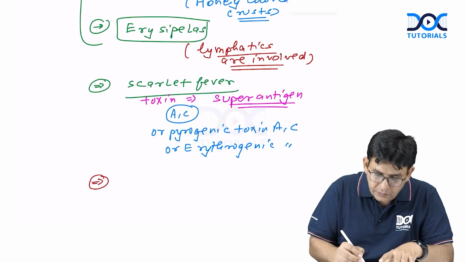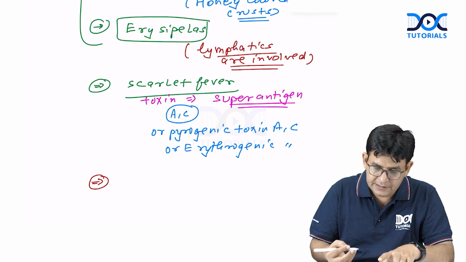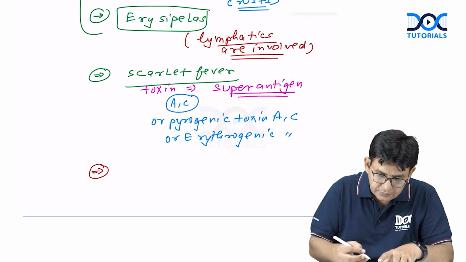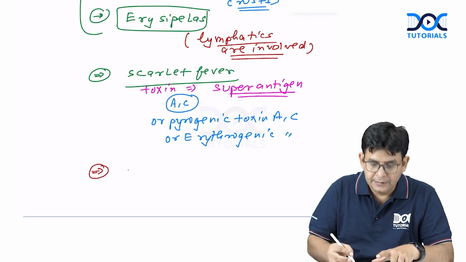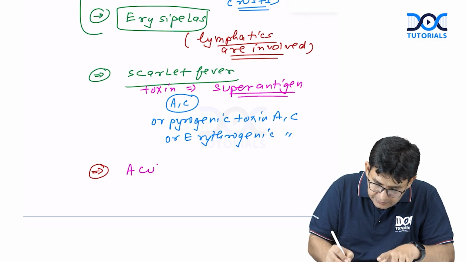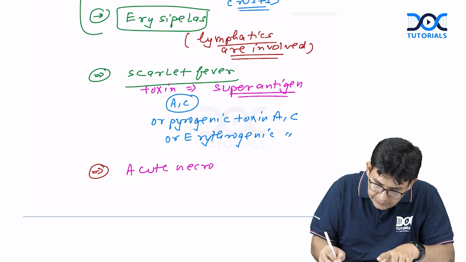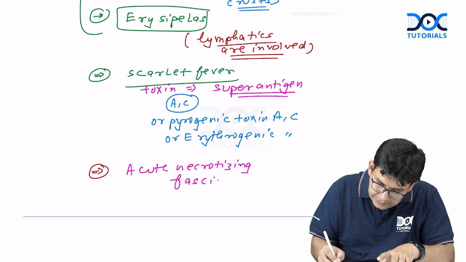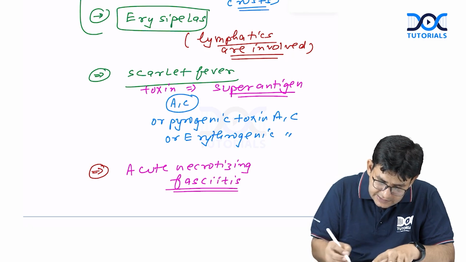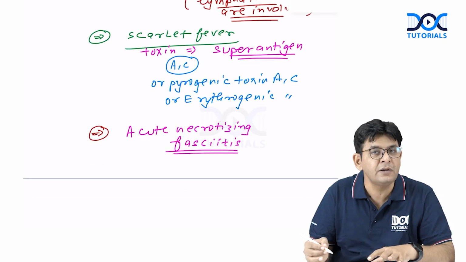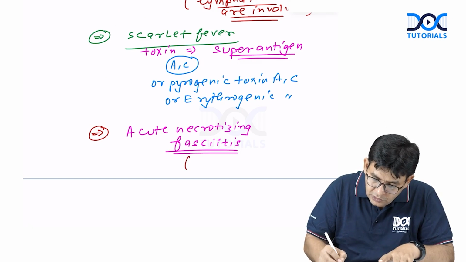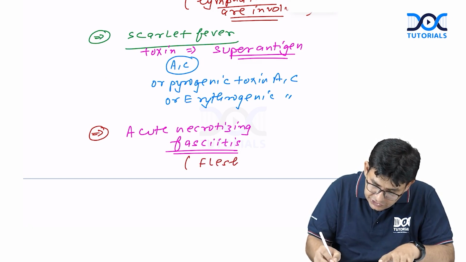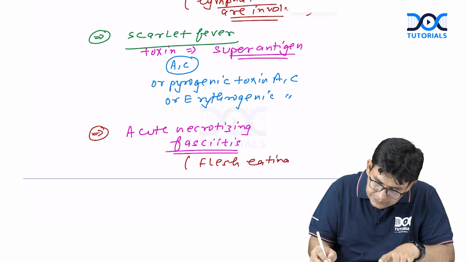Besides this, what else you need to know here is that it also leads to a condition termed acute necrotizing fasciitis. Acute necrotizing fasciitis, and because of this, it is also termed flesh-eating bacteria.